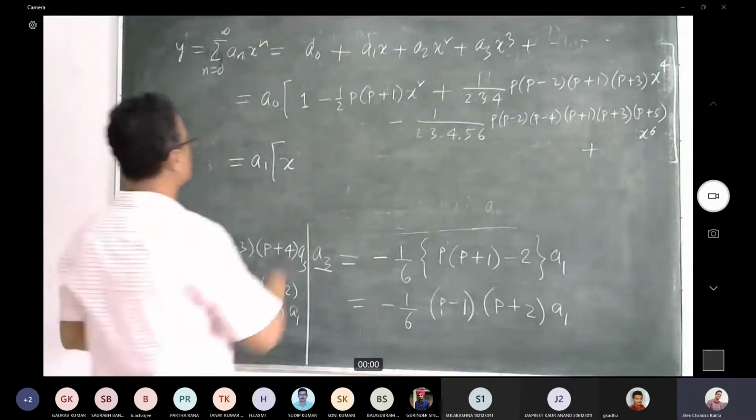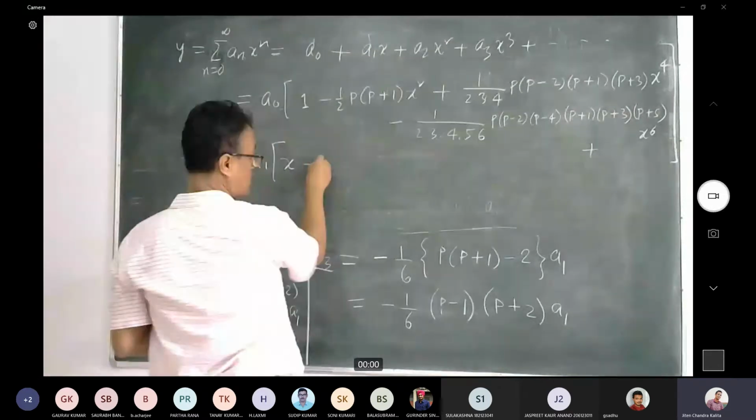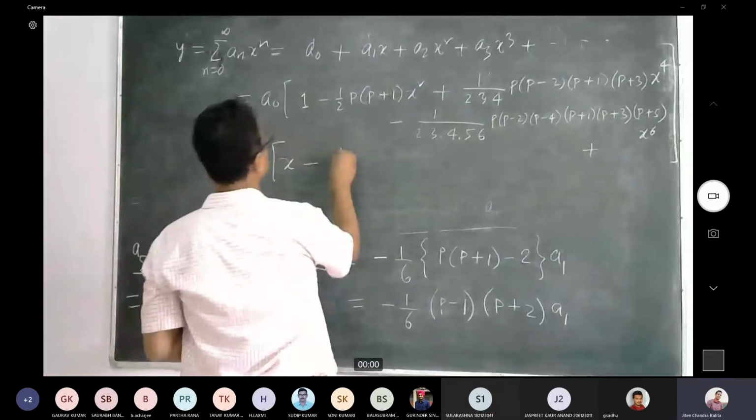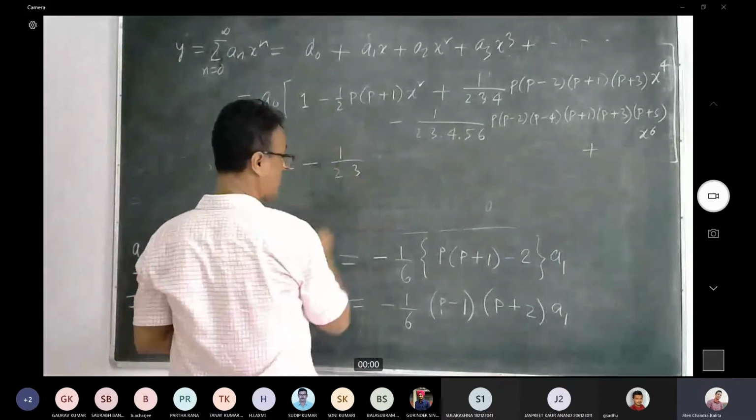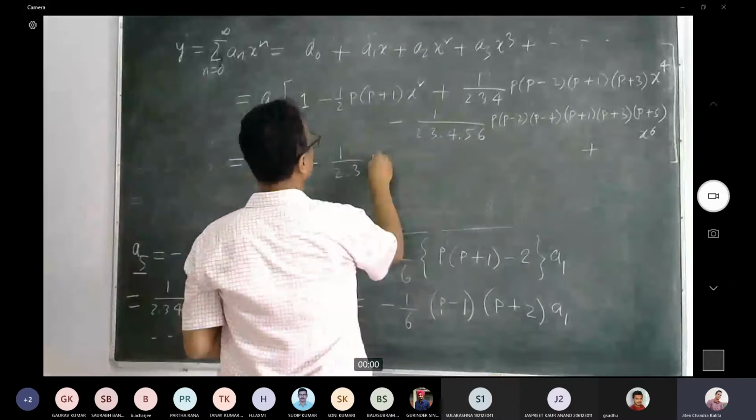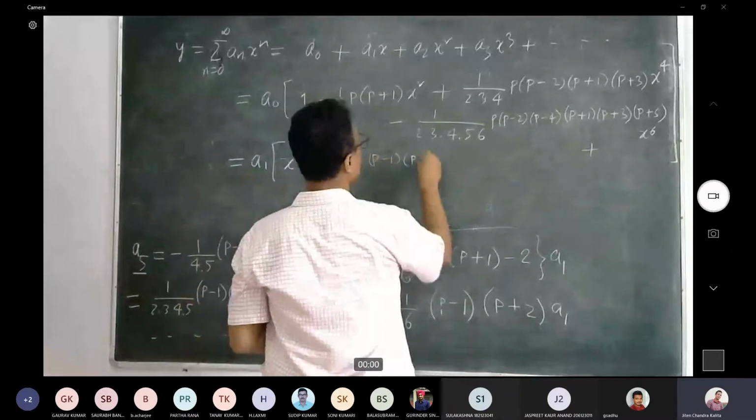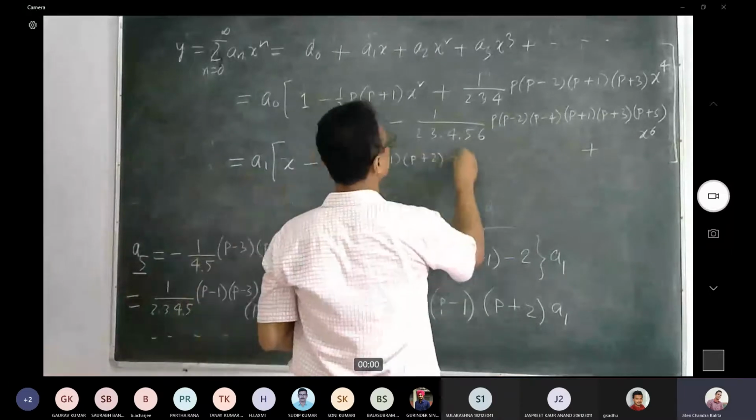So now a3 was your minus, I can write it 2 into 3, p minus 1, p plus 2, this is going to be x cubed.